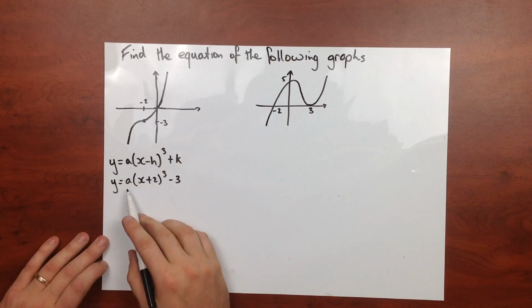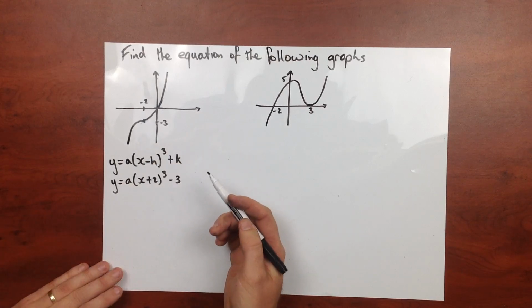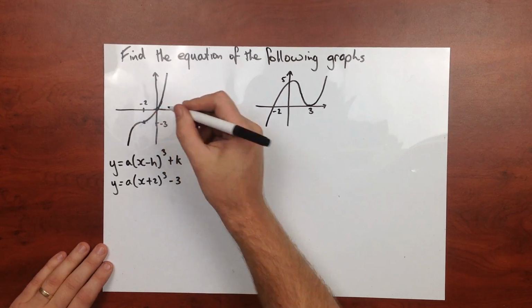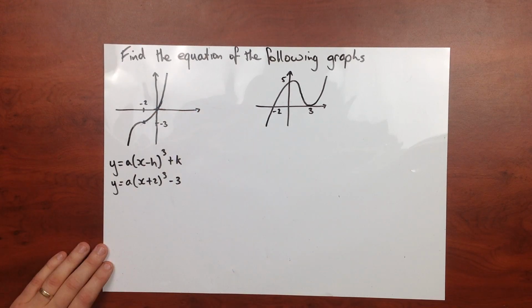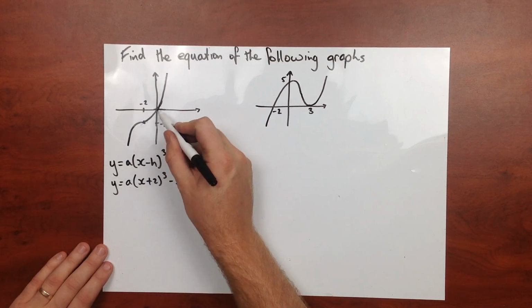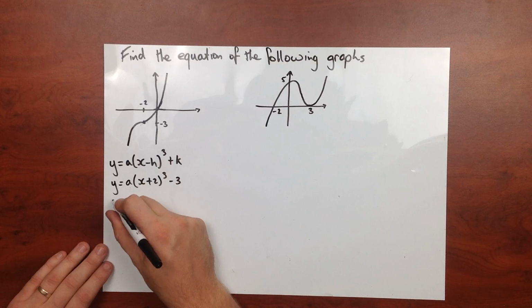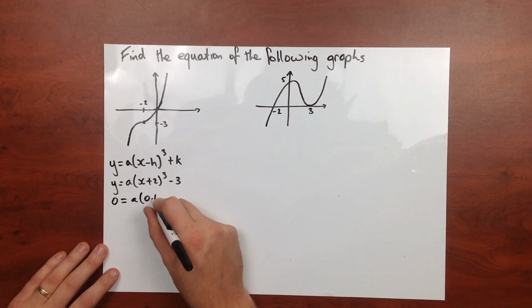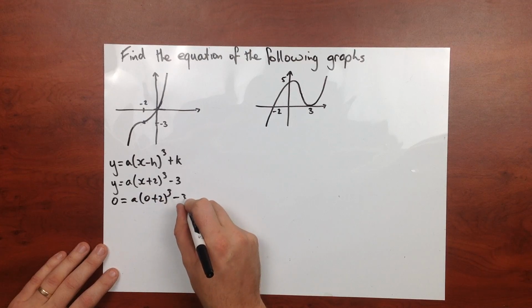Now we need to work out what this a value is though. We might be going, well, we've got all the information, we've used it all, and in fact we haven't used the knowledge that our graph goes to the origin there. So in order to find this a value, we need to sub in some other point. That point for us is going to be 0, 0. So 0 equals a(0 plus 2) cubed, take 3.